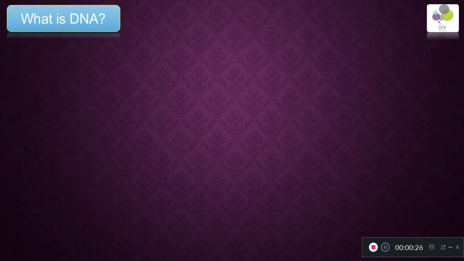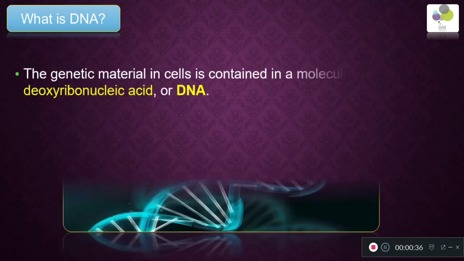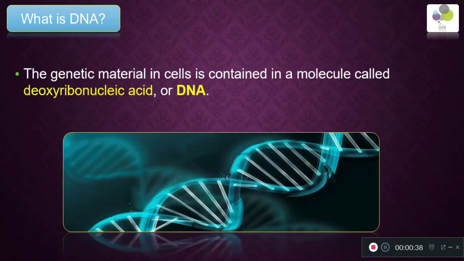Okay, what is DNA? As we know, guys, all living things all over the world, whether prokaryotes or eukaryotes, all of them have DNA, which is the genetic material in the cell for all organisms. DNA stands for deoxyribonucleic acid.